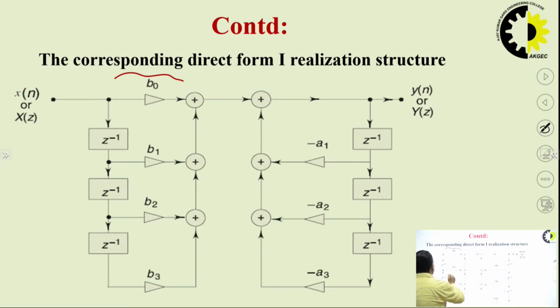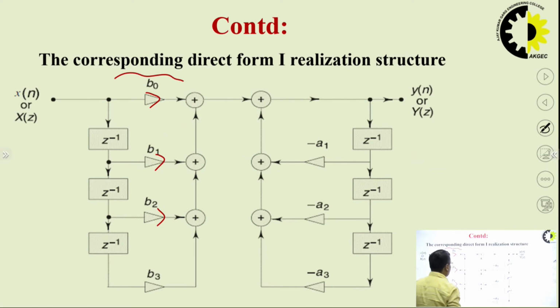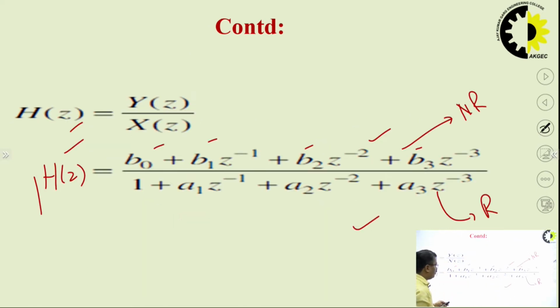Firstly, this term contains the coefficients B0, B1, B2, B3, which are non-recursive. In the recursive form, what coefficients will you get? A1, because here we are taking the feedback. So our coefficient will be of opposite sign. If plus A1 coefficient is here, then in the block diagram, in the realization structure, it will be minus A1.